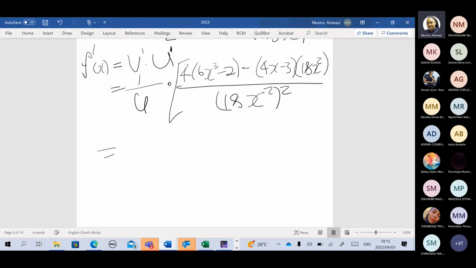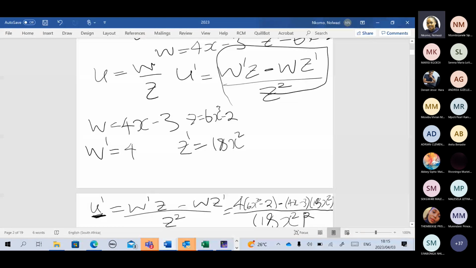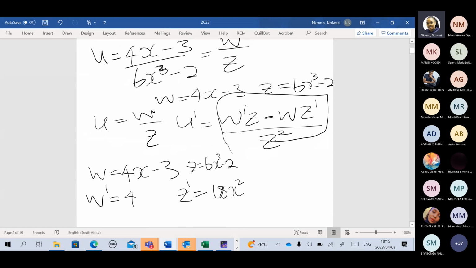We have 1 over u in this function, and our given function wasn't in terms of u, so we need to substitute our u back. But we know that u is equal to, okay, which one is u? 4x minus 3.